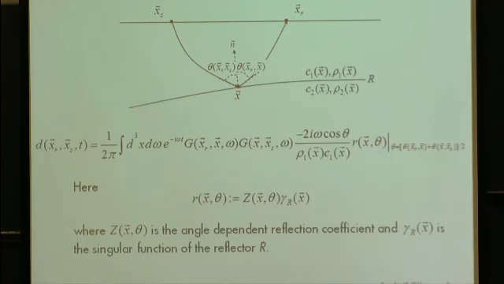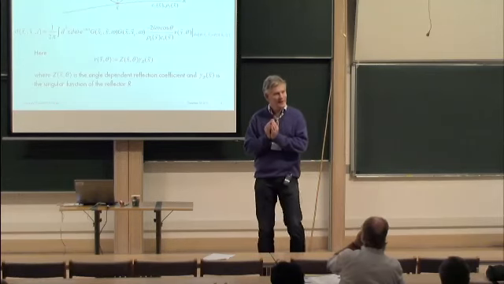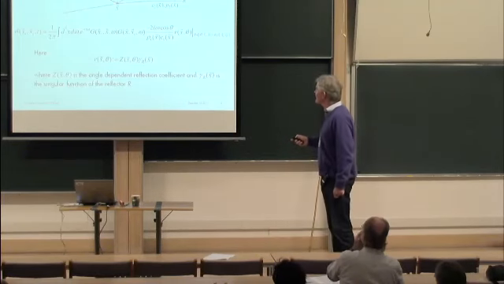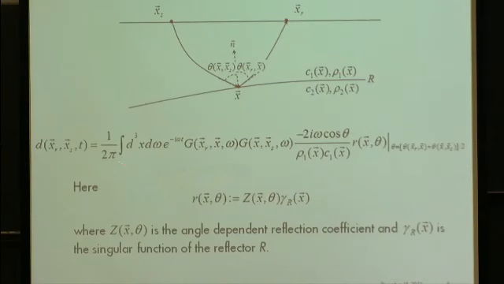What you really do is you propagate with a Green's function from x_s to x, that is over here, and you reflect with a Green's function from x to x_r, that's over there, and then you integrate x over the reflector r, and then by stationarity the most dominant contribution will come from that point x for which Snell's law is obeyed.